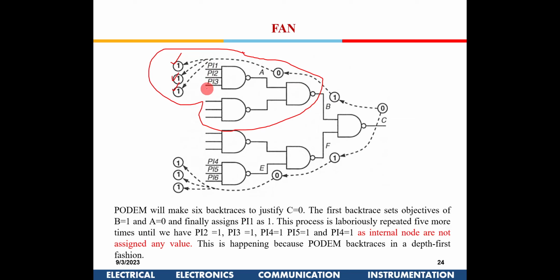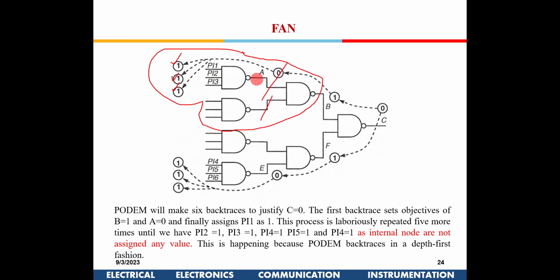So it does some pre-computation of the headlines; this is a headline, this is also a headline. Suppose I want a 0 here, it will straight away, in one go itself, assign all the values here. So FAN is a small modification. It essentially works like PODEM only. The only thing is, PODEM keeps assigning each input in a single run, one input at a time, depending on what the required output is.